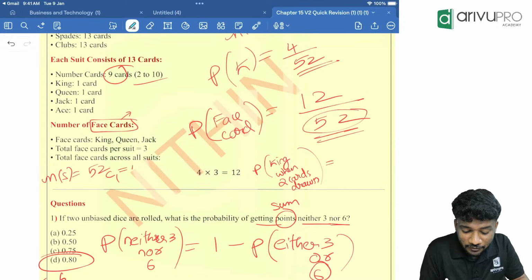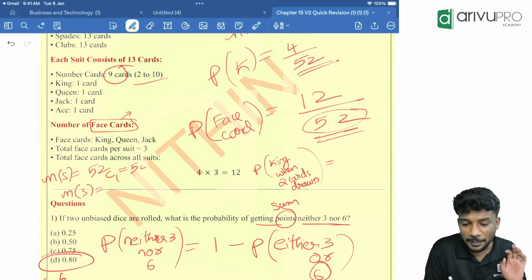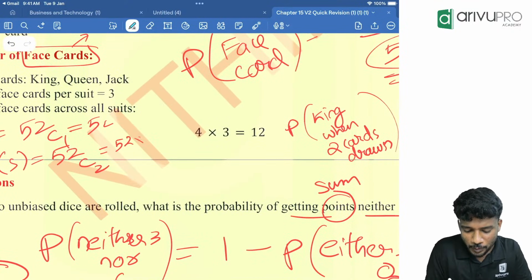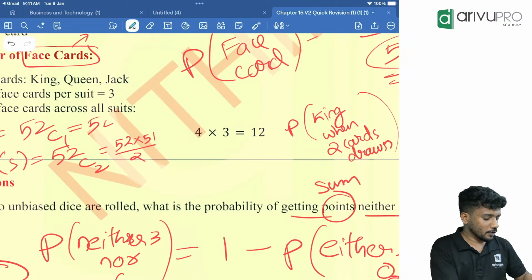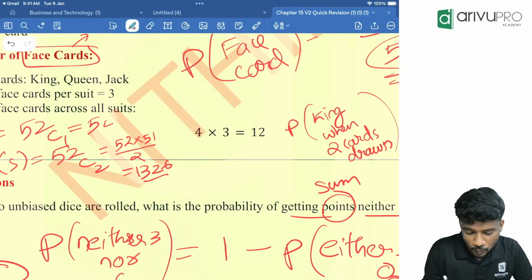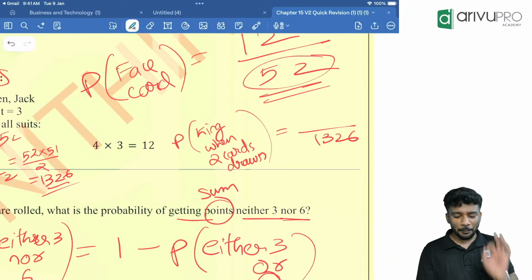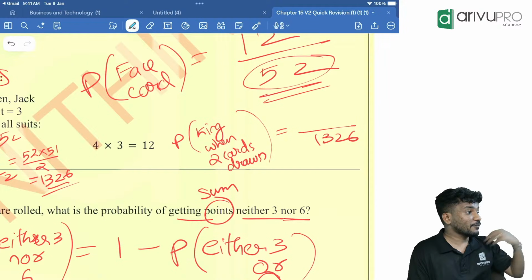That's why it became 52 in the previous cases. When 2 cards are drawn, N of S will be 52C2. 52C2 means 52 into 51 divided by 2 factorial, which is 1326. So denominator here will be 1326. Now numerator will be what? We need to get a king when 2 cards are drawn.